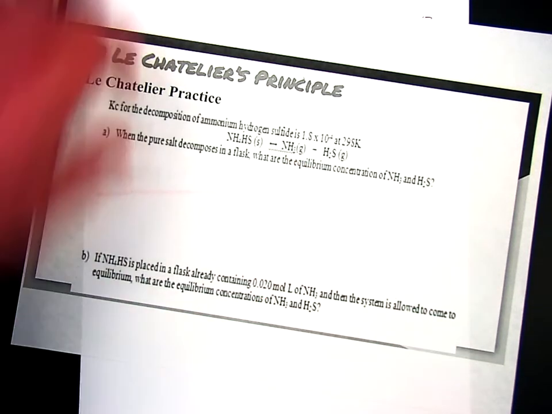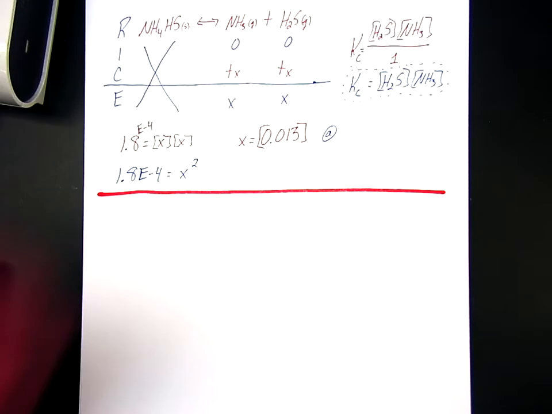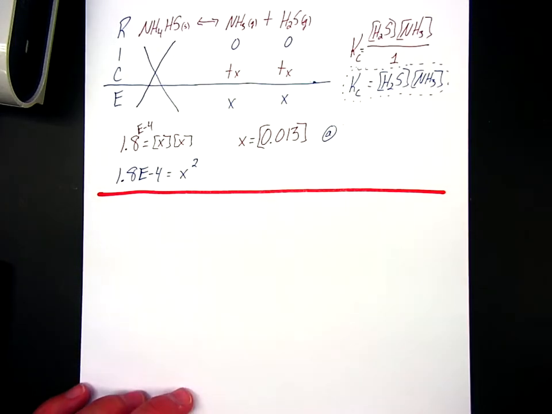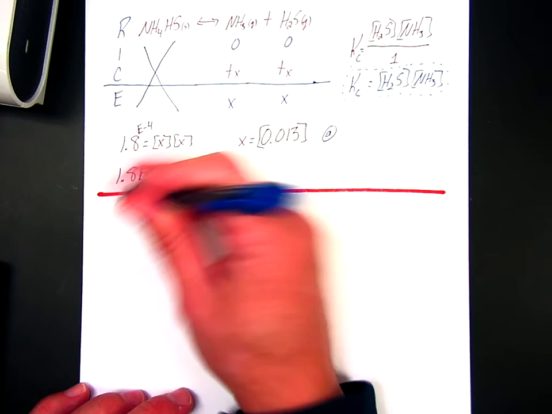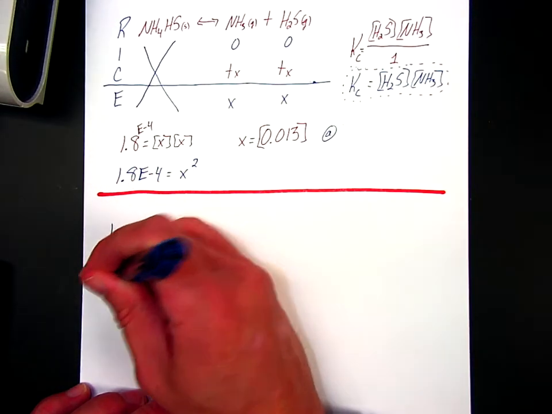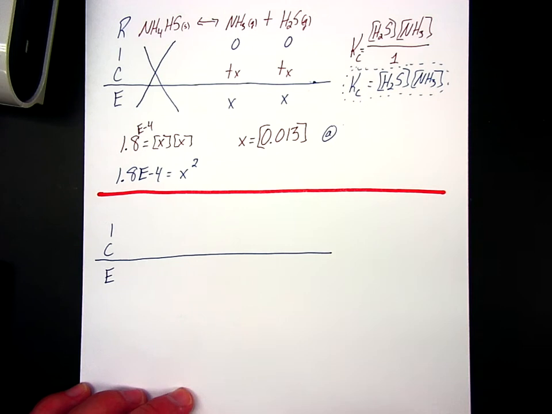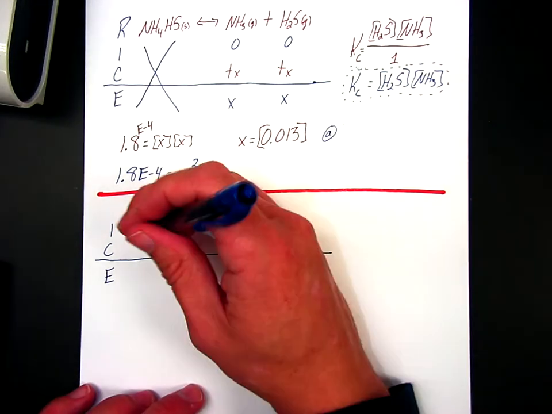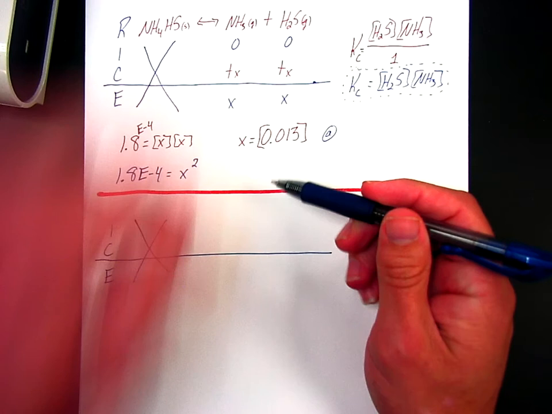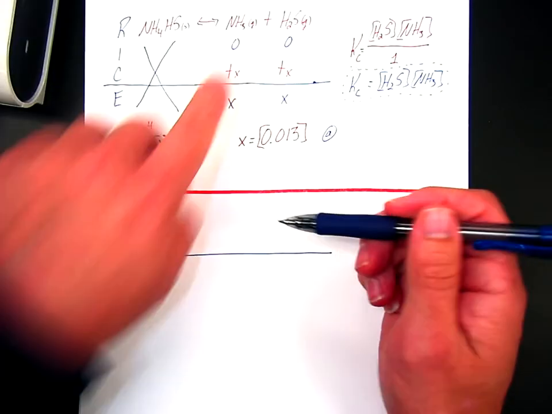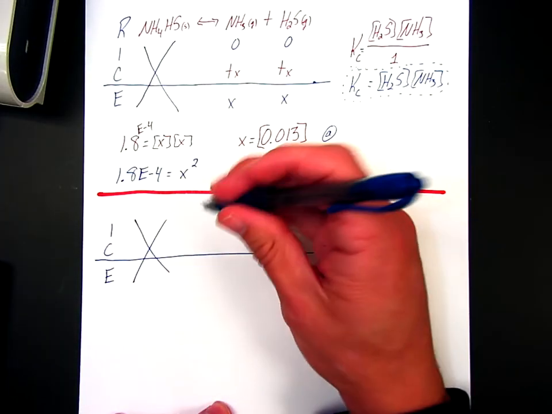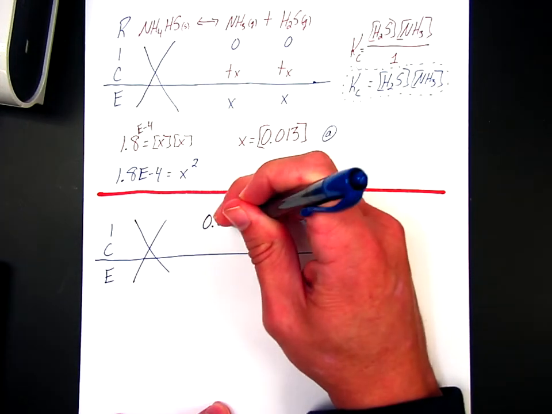All right, so it's almost the same RICE table, except I'm going to go straight down using the same reaction, so we can just do ICE. So we'll still be X'd out there, of course, but my initial concentration of the NH3, it says, is 0.020.